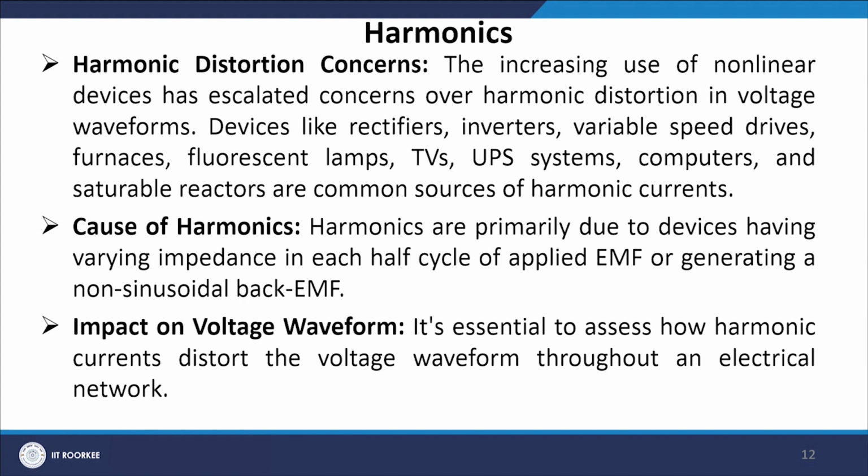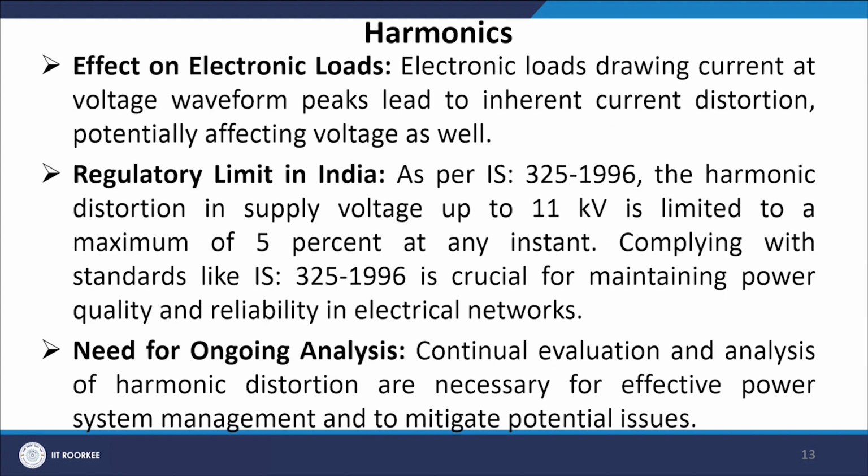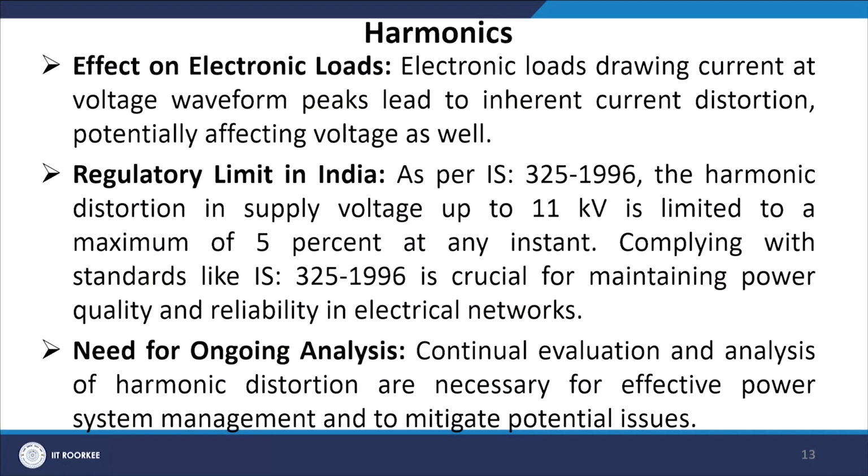Impact on voltage waveform: it is essential to assess how harmonic currents distort the voltage waveform throughout an electrical network. Electronic loads drawing current at voltage waveform peak lead to inherent current distortion, potentially affecting the voltage.